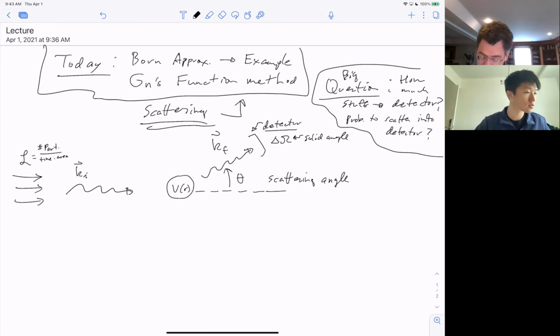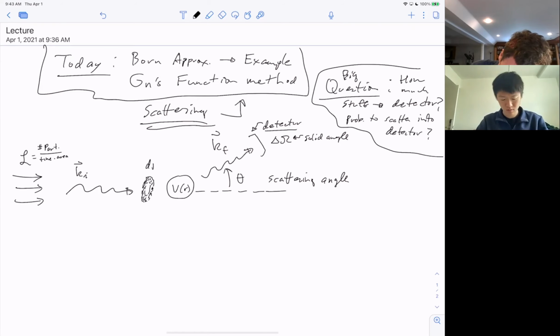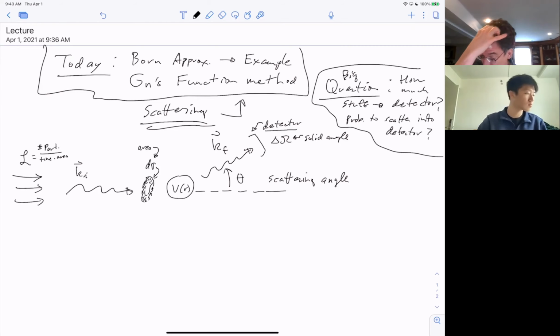So it's purely classical. And then if you think of there being some little area here, this annulus that I drew last time, of area d sigma, then the particles that go through that area are mapped into the detector.